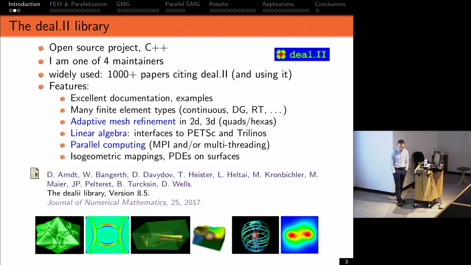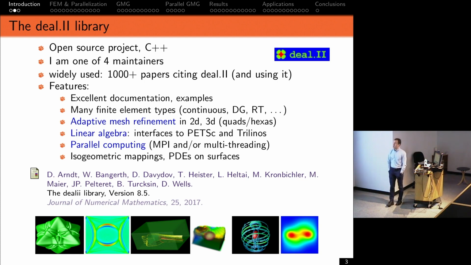We have about 10 to 12 main developers, and 4 of us are more concerned also about running the project and all kinds of testing infrastructure and so on. It is widely used. We're tracking the number of papers that use deal.II, and currently it's about 1,000 scientific publications all across the world that cite deal.II as using it for their computations.